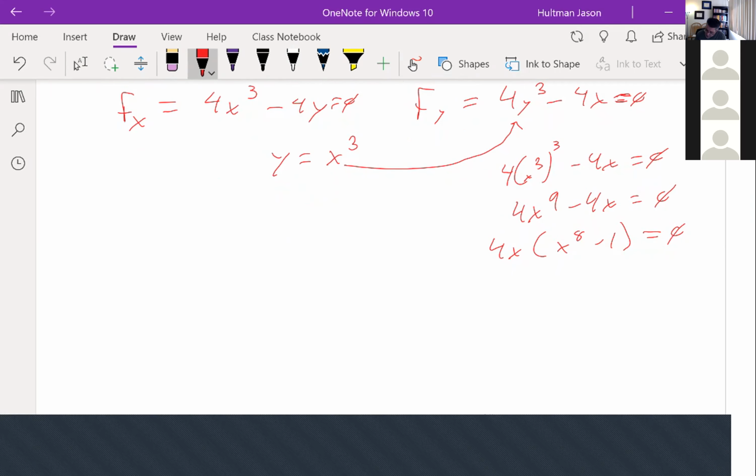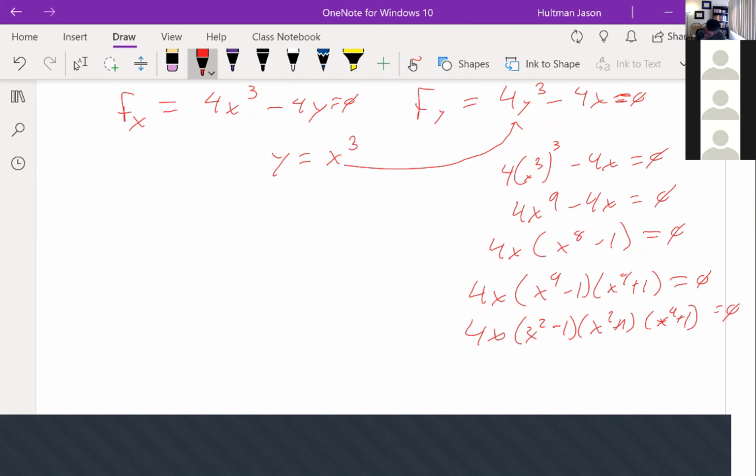I'm going to factor this bad boy. He's going to be 4x times x to the 4th minus 1 times x to the 4th plus 1. So this is going to become x squared minus 1 times x squared plus 1 times x to the 4th plus 1, equals 0.